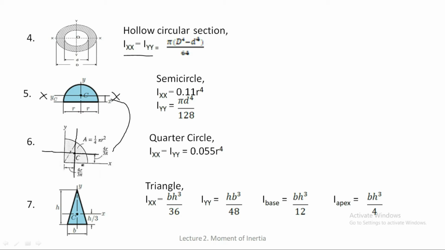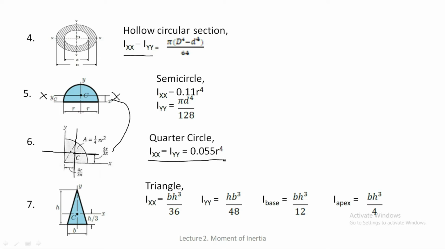So from this line, the distance of the horizontal centroidal axis is 4r upon 3 pi, and from this line, the distance of the vertical centroidal axis will also be equal to 4r upon 3 pi. So for a quarter circle, we will have Ixx and Iyy as equal, and that will be equal to 0.055 r raised to 4.